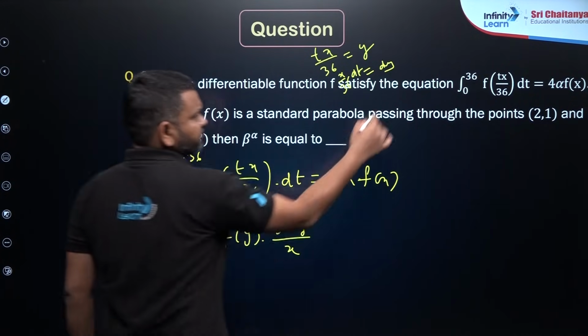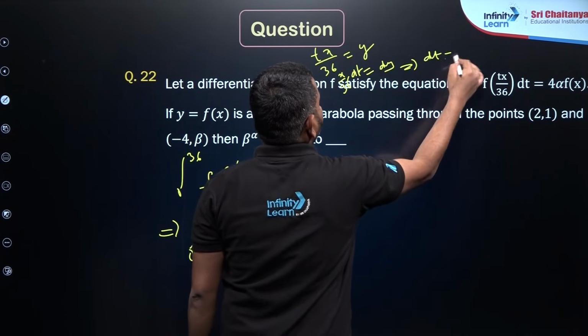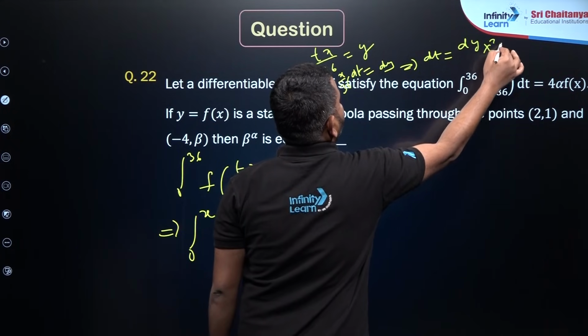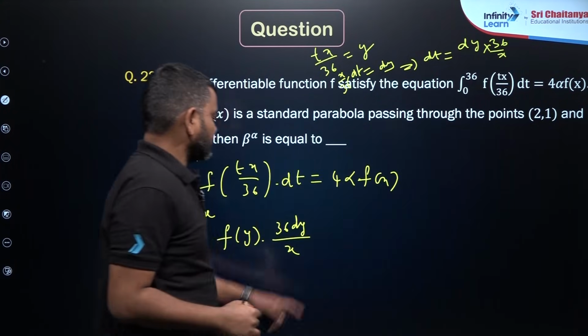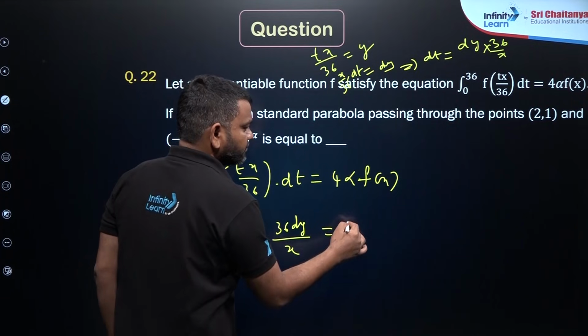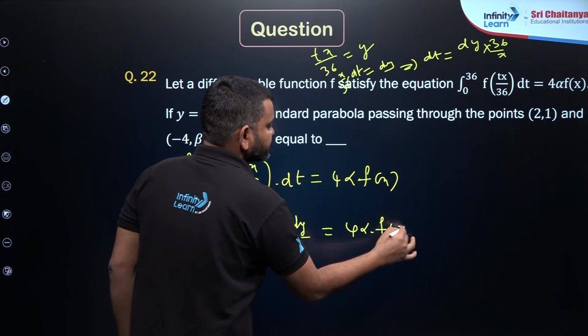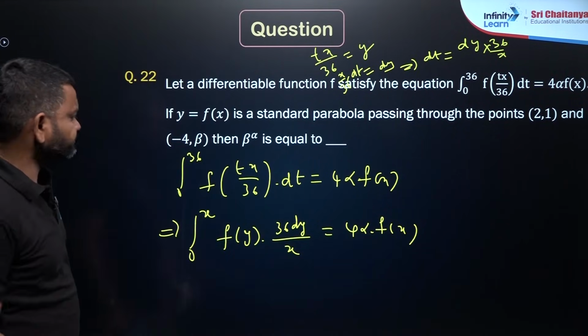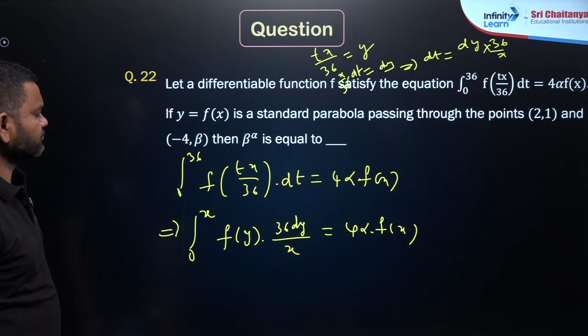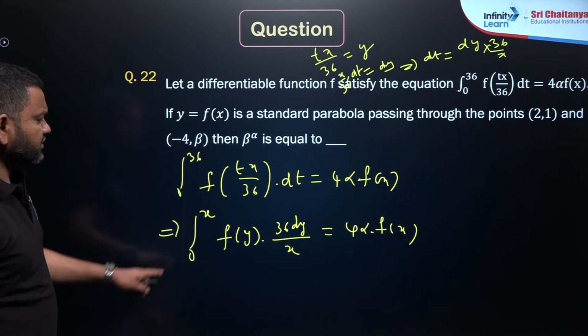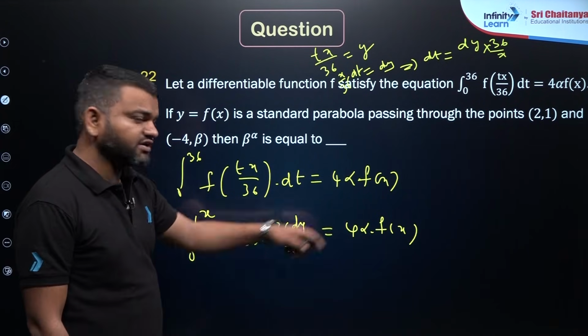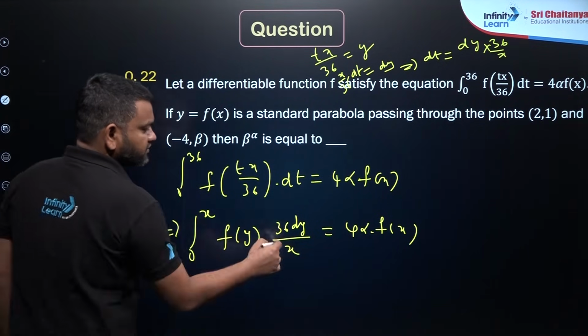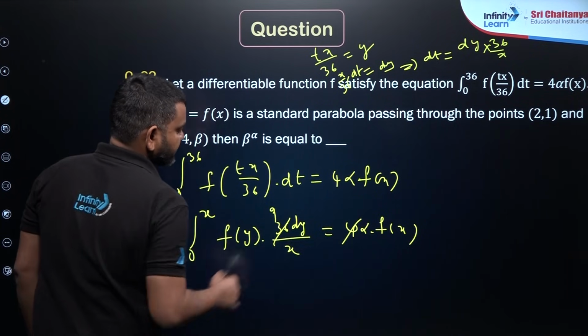From here I am just writing the dt value equals dy into 36 by x. On the right side you don't have anything to do, 4 alpha into f of x I have. Now, from here, if you observe this, these two values are not related to us, 36 and 4 times 9, I can cancel.